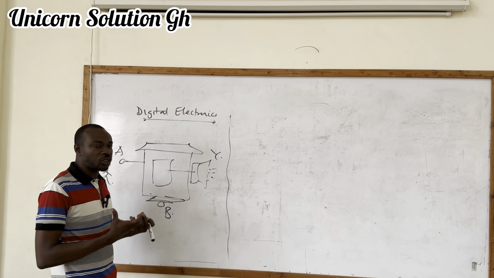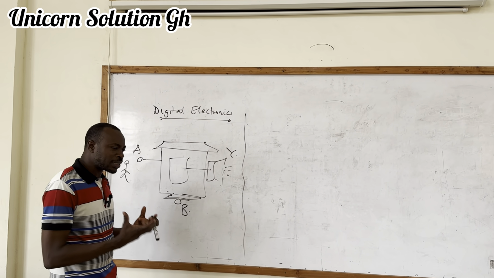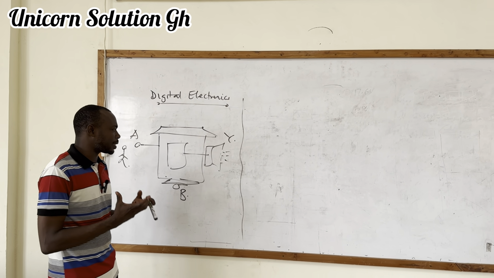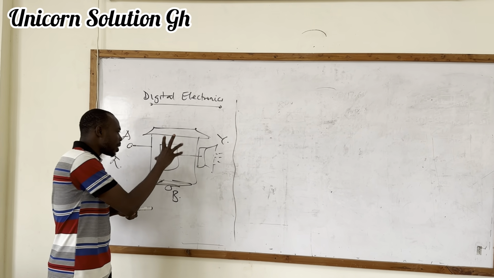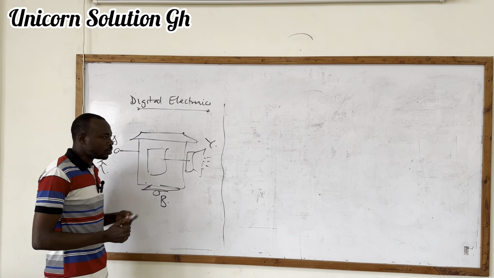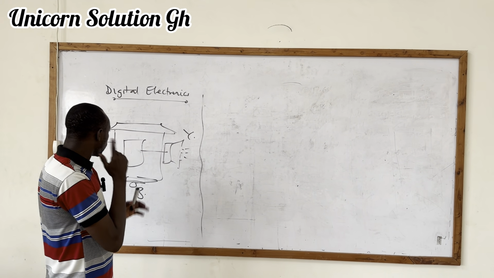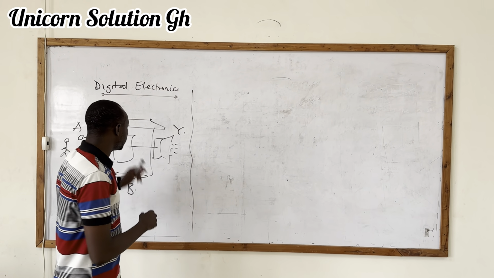How do I design the chip? Or how will I be able to design the electronic system or a combinational circuit that will actually implement the solution to this problem? So let's continue with that. So with this, I have to come out with what is called a truth table. This is my problem statement.